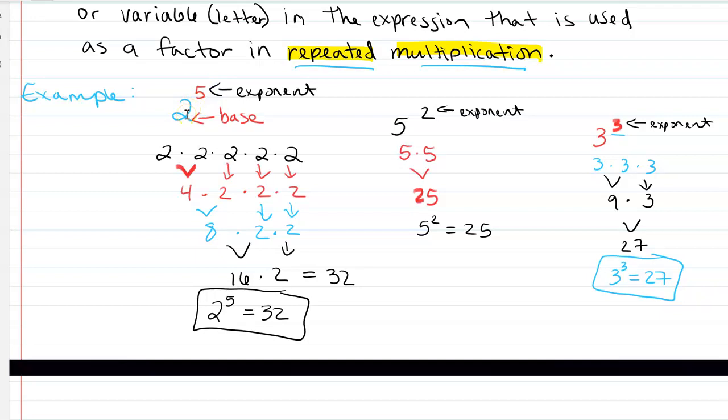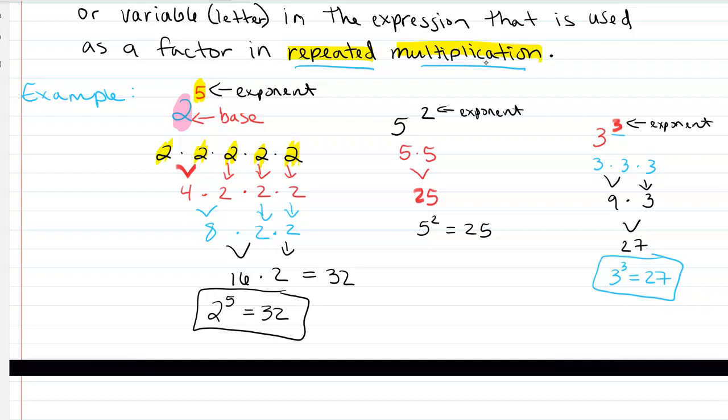So if you look at this, here's my little number, here's my big number. So how many times am I going to write down the big number? Well, 5. So here's 1, 2, 3, 4, 5. And since exponents are multiplication, like we said up here in our definition, that's all we're going to do.